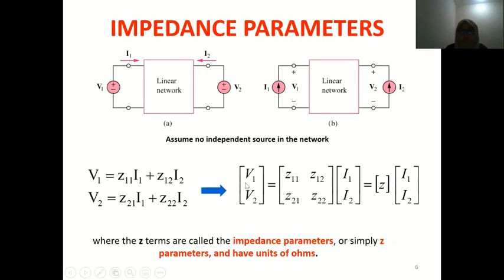In matrix form, the matrix of V1 and V2 equals the matrix of Z, Z11, Z12, Z21 and Z22, times the matrix of I1 and I2, which is the matrix of Z times the matrix of I. The Z terms are called the impedance parameters, or simply Z parameters, and all the units for the Z parameters are in ohms.